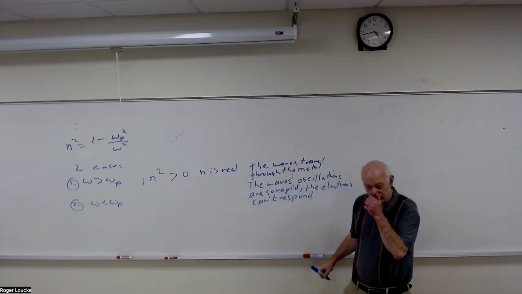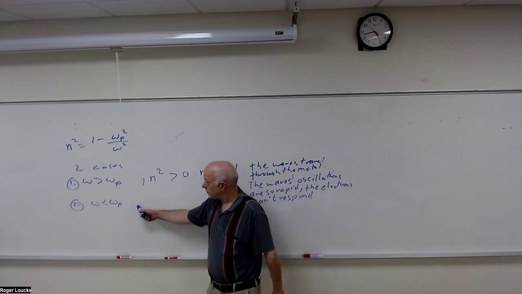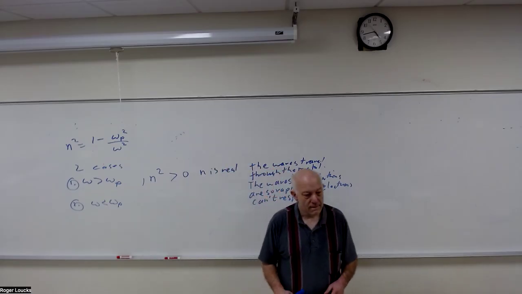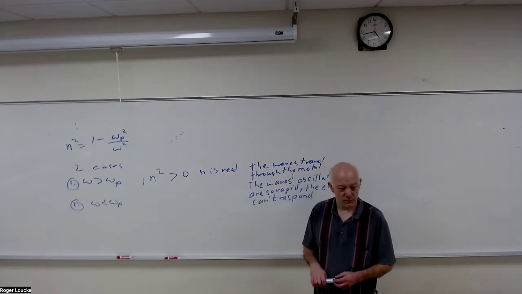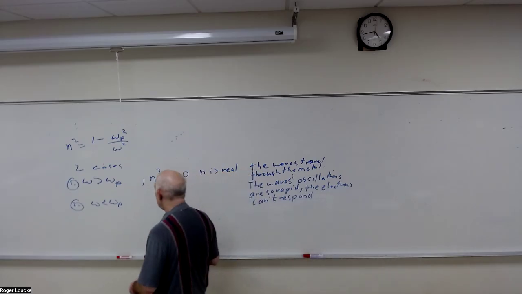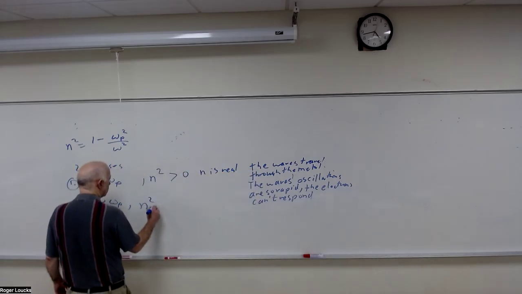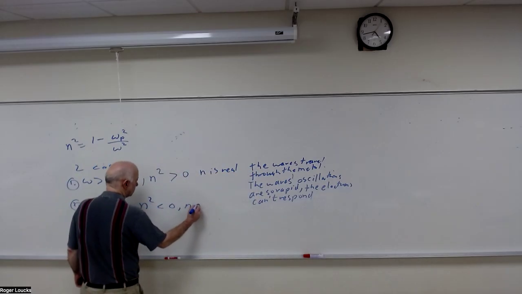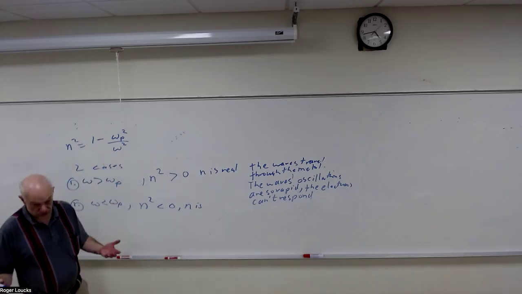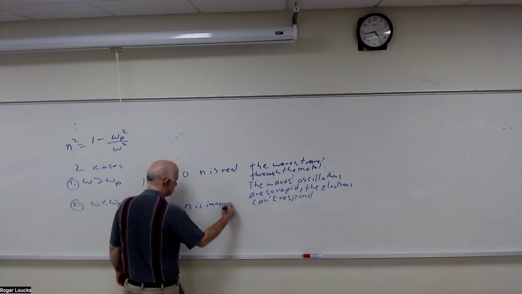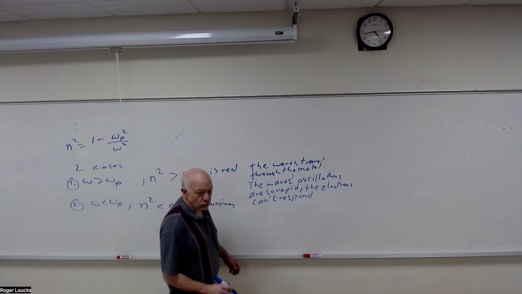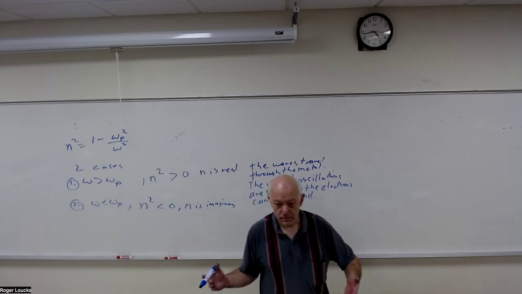Now, if you do the other case, where we're below the plasma frequency, what happens here? n squared is less than 0, so n is imaginary. We've seen this case: what happens when we have an imaginary n?